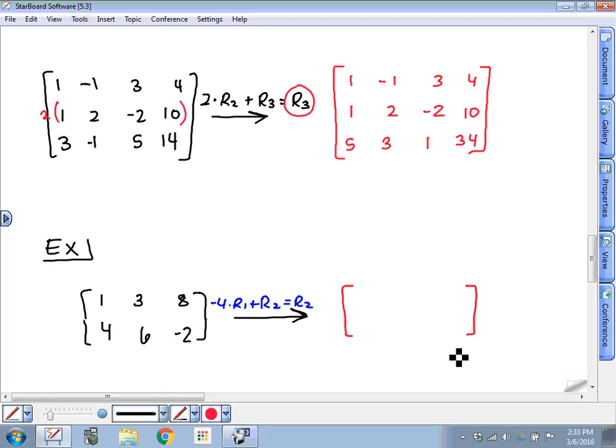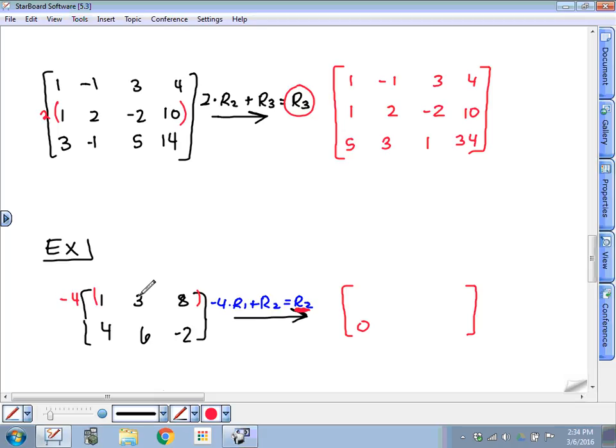So, this is what should have happened. Now we're multiplying row 1 by negative 4. So this entire row is going to be multiplied by negative 4, and then those entries are going to be added to row 2, but ultimately that's going to affect row 2. So row 2 down here should be a new row of numbers. Okay, so negative 4 times 1 is negative 4, and then negative 4 plus 4 is 0.